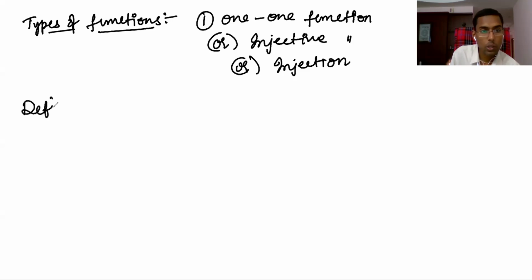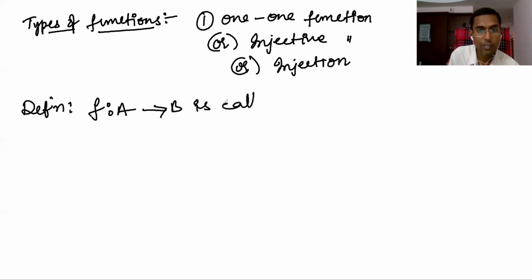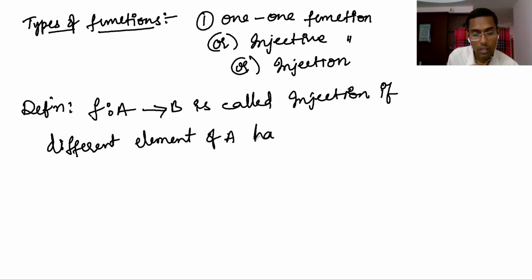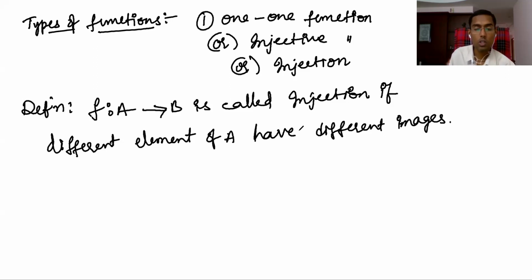The definition is simple. f is a function from A to B, f maps A to B. First it should be a function. This function is called an injection if it satisfies this condition: different elements of A have different images.